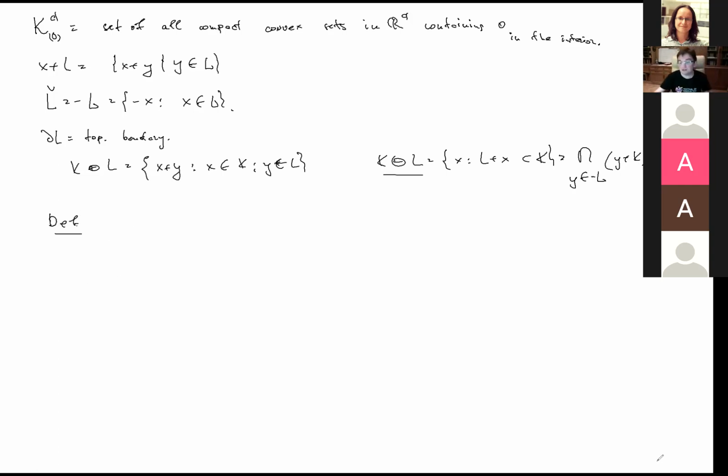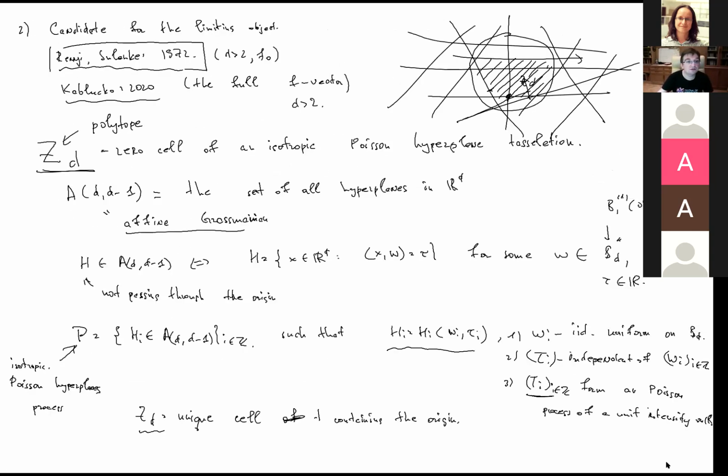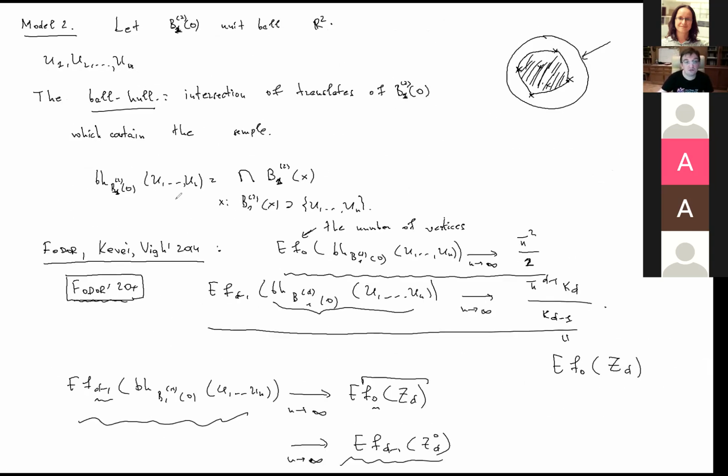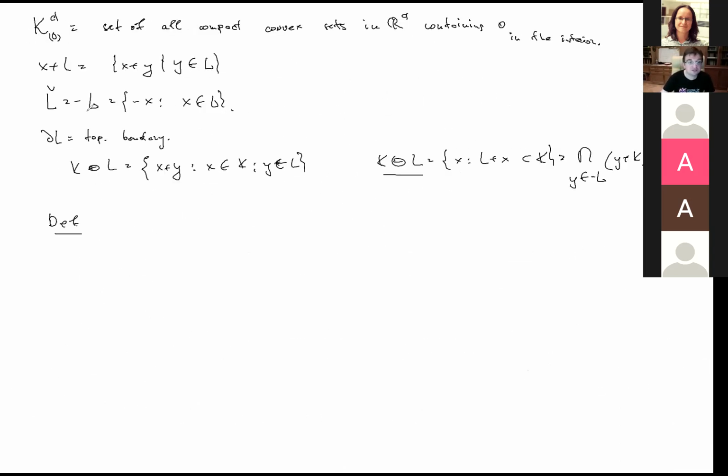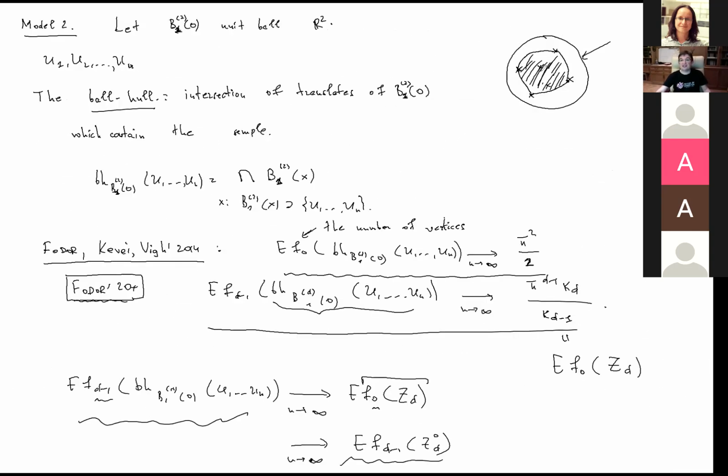Now, similarly to this definition of a ball hull, I will now define a ball hull with respect to a convex body K. So BHK of a set S is defined as an intersection of all translates of K such that the translate contains S. So it's the same as here, but now we replace a ball with an arbitrary compact convex body.